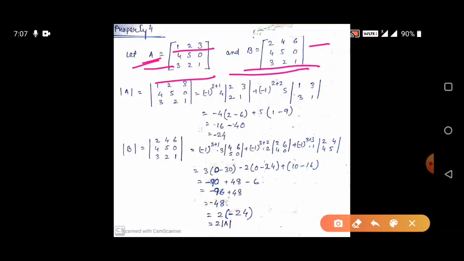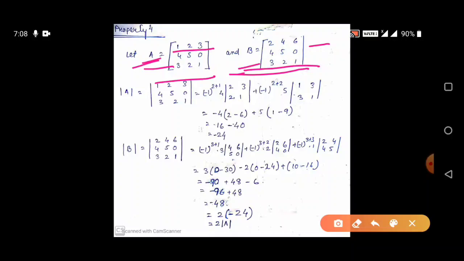Since property 4 says we have to multiply all the elements of any one row or column by a constant, here the constant is 2.